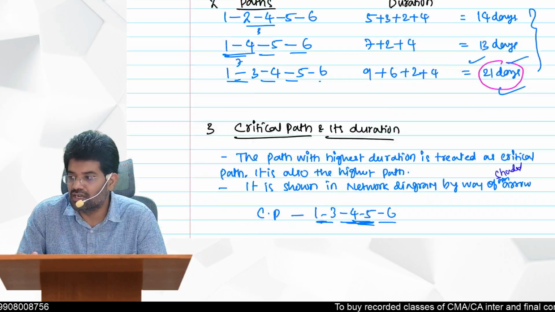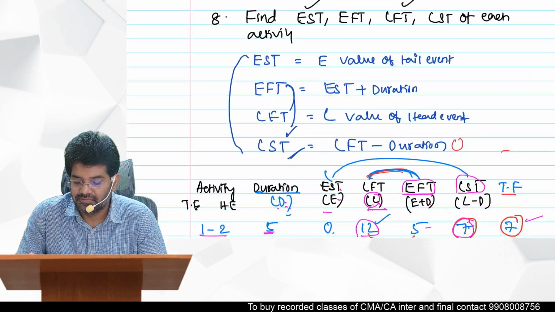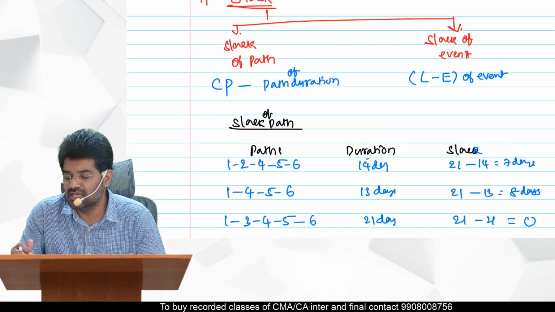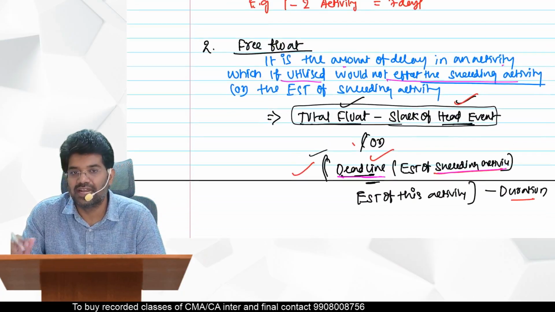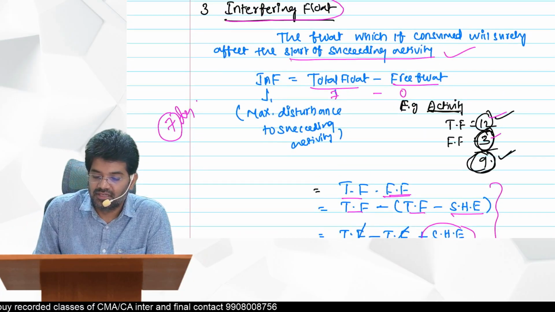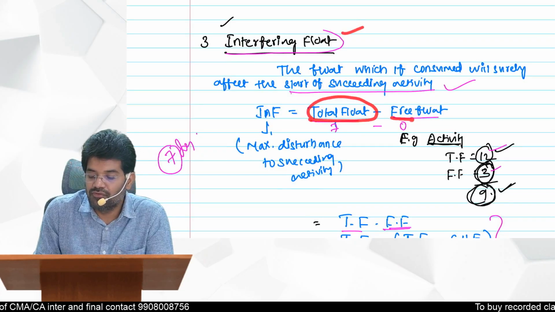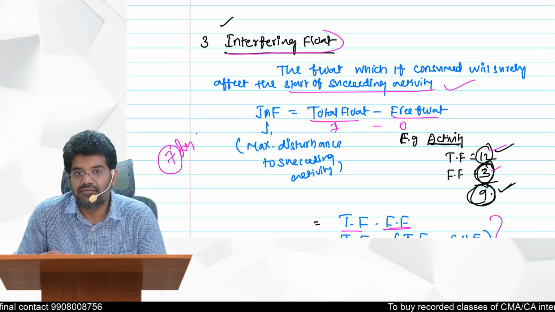So there is a shortcut for this also. Even for interfering float there is a shortcut. What is the shortcut? It is the slack of head event directly. How we get that, see here logically. Interfering float, how you can get is from total float: if you remove free float, you will get interfering float. That is what we are discussing.